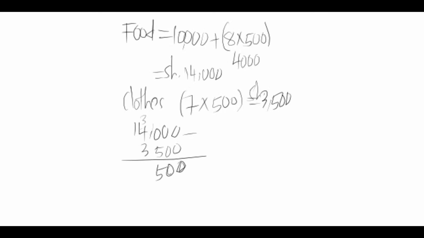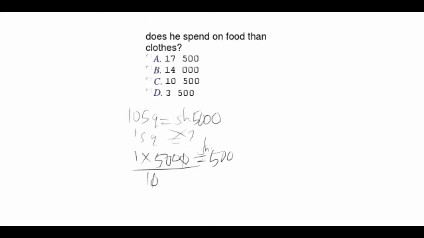Then we have 3 minus 3 is 0. 1 minus 0 is 1. So we have 10,500 shillings. That's the amount that is spent more on food than clothes.